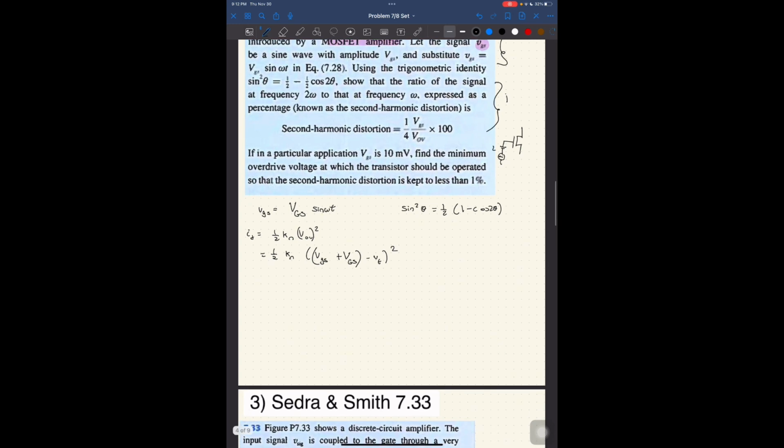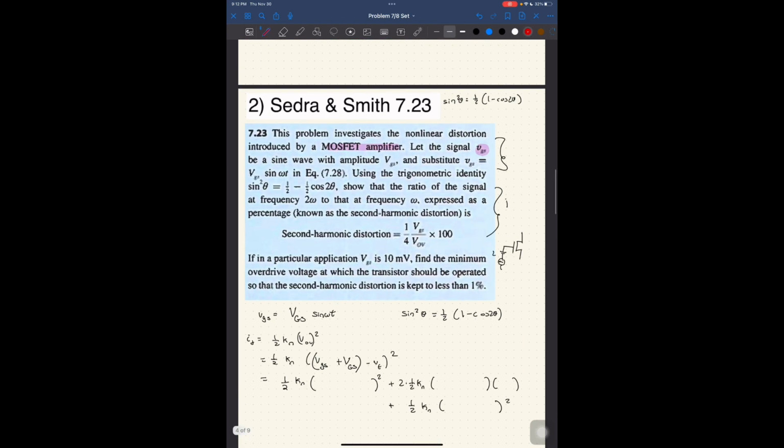Okay, before I substitute my values, I'm just going to expand this because that's the way to solve this question. You have to expand, and it makes things easier. Now, what is the expansion? Usually for me, to memorize this, it's easier to say half Kn times something squared plus 2 times half Kn times something else plus half Kn times something squared. Maybe you can memorize it in some other way.